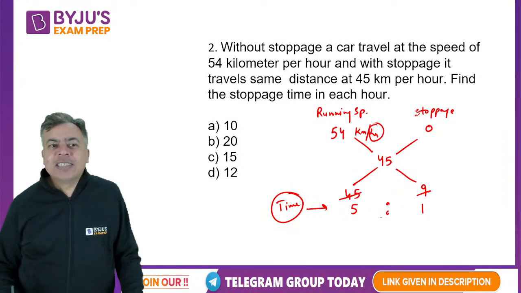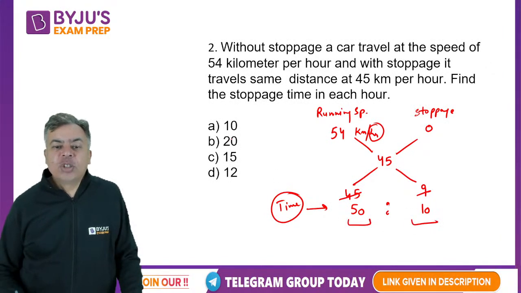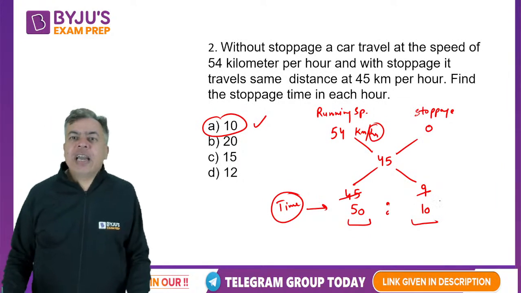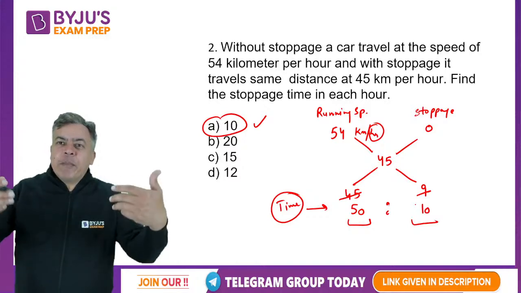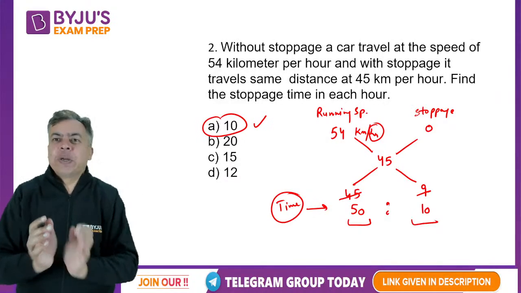If the total is 60 minutes, 50 minutes it will run and 10 minutes it will stop. Are you getting this alligation method? It is a mixture of running and stoppage, that is the mixture speed.